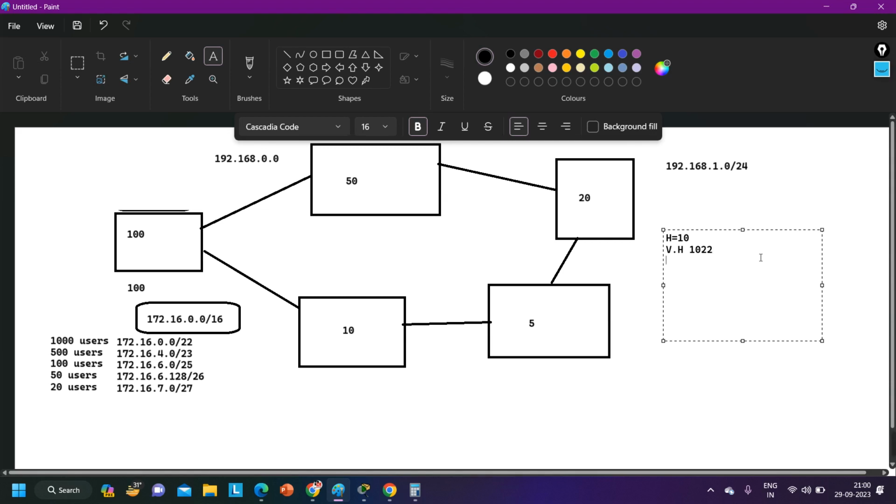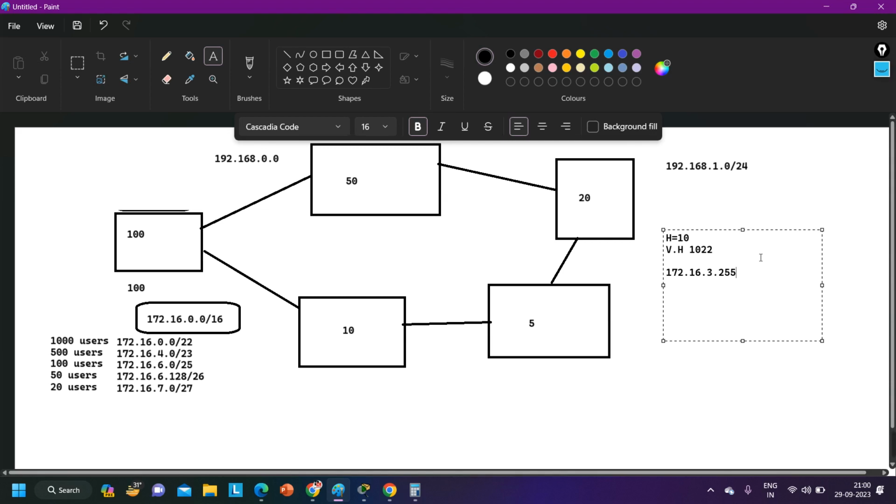So what will be the last network ID? How to find the last network ID? 172.16.3.255.